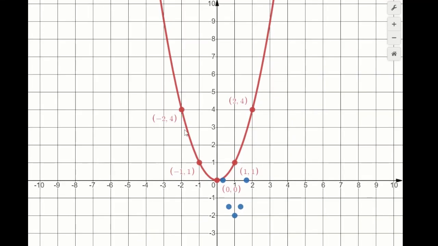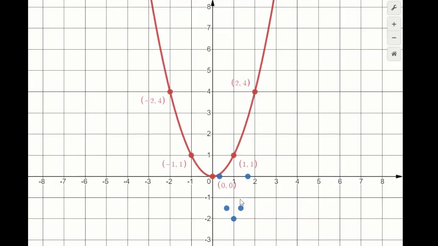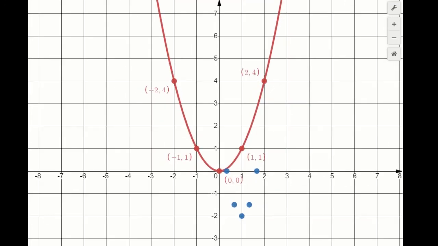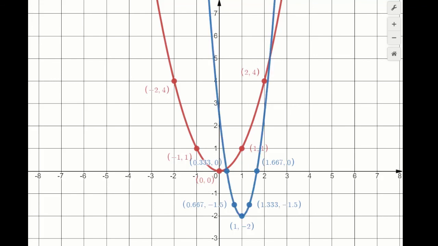So f of x has those 5 guiding points here, and these are the 5 guiding points in blue. Once you're done, you can double check for consistency. Let me quickly put the labels in. Now let's sketch the graph. So now the graph, one sketch through these points, is going to look just like that.